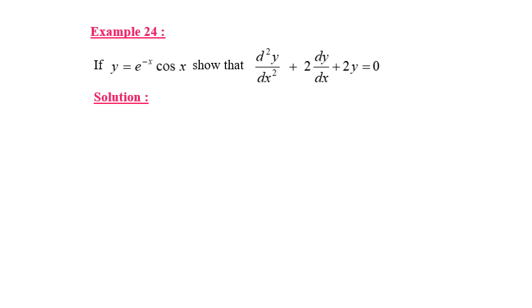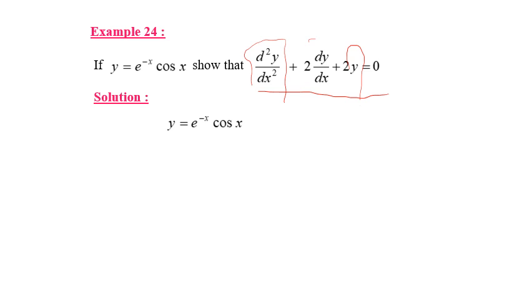Okay, now we move to example 24. So here in example 24, we have a situation with an exponent and also a trigo function, and they ask to show that this equation, consisting of the second derivative, first derivative, and then the original function y, equals 0.